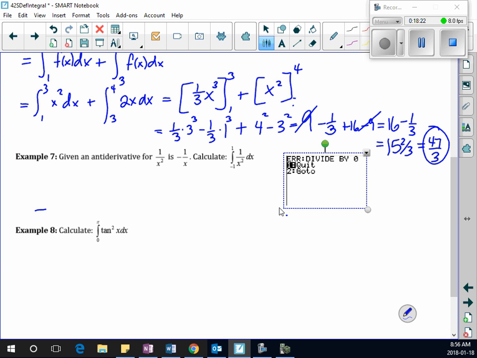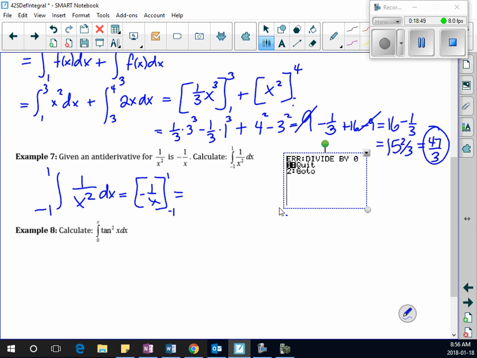Even if I split it up between negative 1 and 0, you'll still get dividing by 0, right? So I'll just show you that you can, in fact, calculate it in error, right? So this will give you negative 1 over x from negative 1 to 1. So watch this when I plug this in.